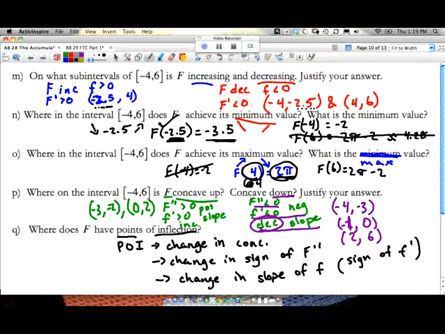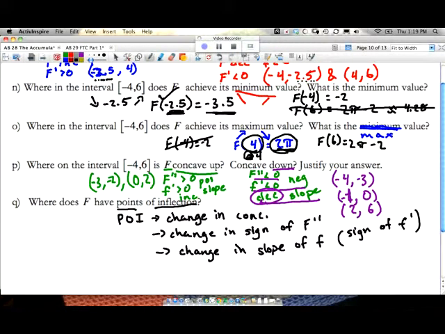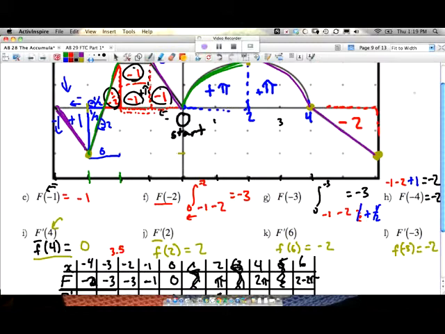So when does that happen? If we take a look at our picture again, when do we switch from decreasing to increasing, or the other way around? Looks like it happens here at 3, and it happens here at 2, and that's it.